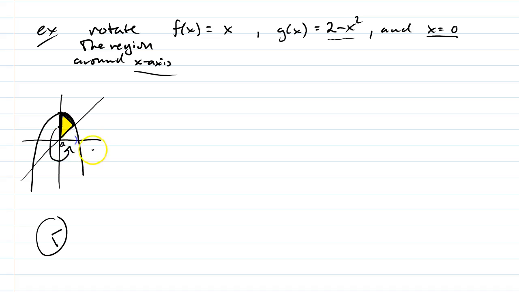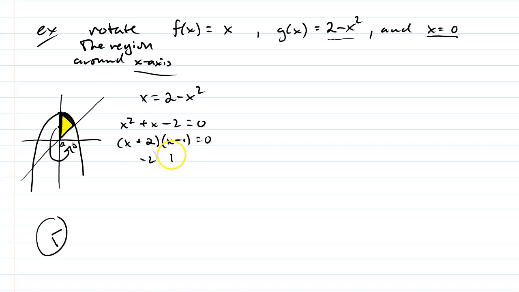So what's point A? That's 0. Point B, well, we have to set them equal to each other to figure that out. So I'm going to add x squared over, subtract the 2, factoring that gives me positive 2, x minus 1. So my answers are negative 2 and 1, and I know negative 2 is down there, so I'm going to be doing 0 to 1.